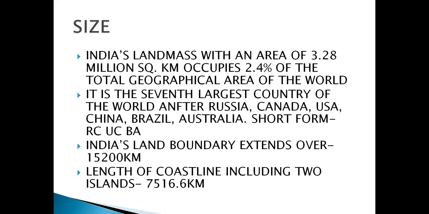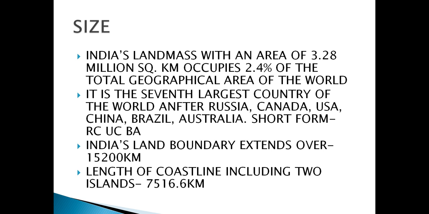It is the seventh largest country of the world after Russia, Canada, USA, China, Brazil, Australia. The short form for these countries can be written as RCUCBA. RC for Russia and Canada, UC for USA and China, BA for Brazil and Australia, and then comes our seventh country, which is India. India's land boundary extends over 15,200 km.